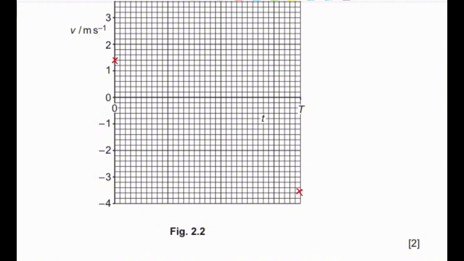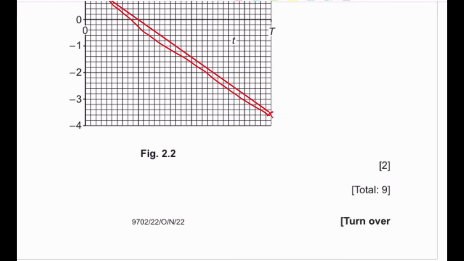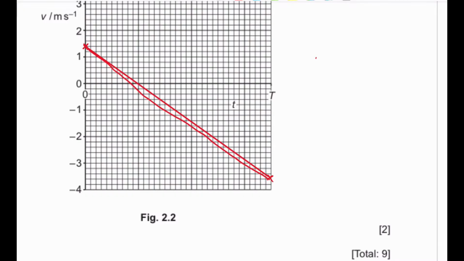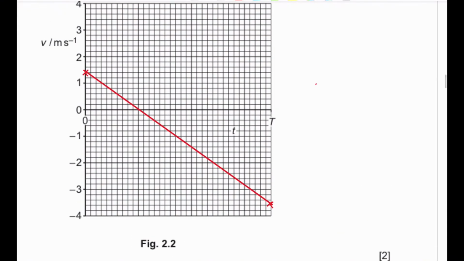So we're going to draw a line from that point up until that point. Okay, so basically that is just going to be the line that we're going to be drawing.